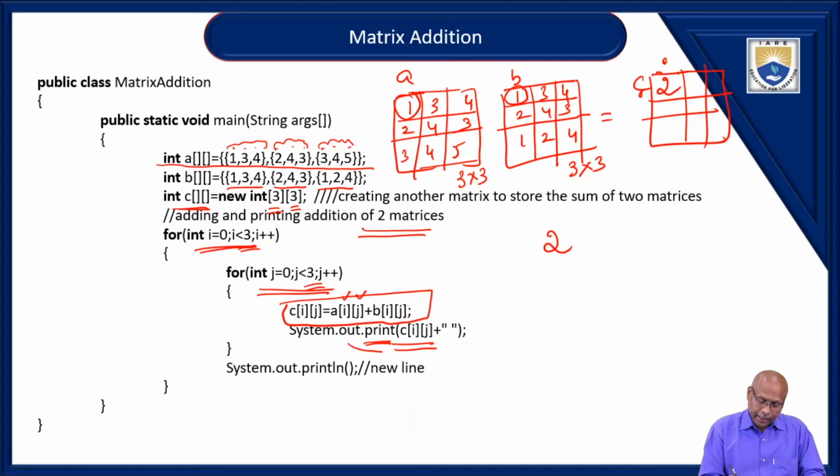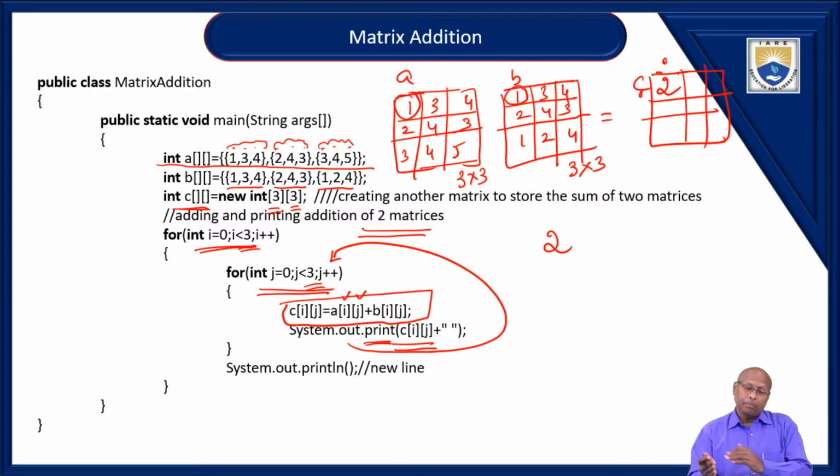After that, again go to the next element. Which element? Next column, 0th row only. So here 3, here 3. So 3 plus 3, how much? 6. 6 is stored here and then printed on the screen. So 2, 6. After that, again j plus plus. Now j becomes 2, so 0th row, second element.